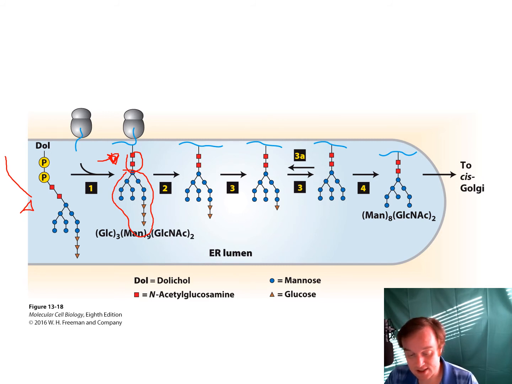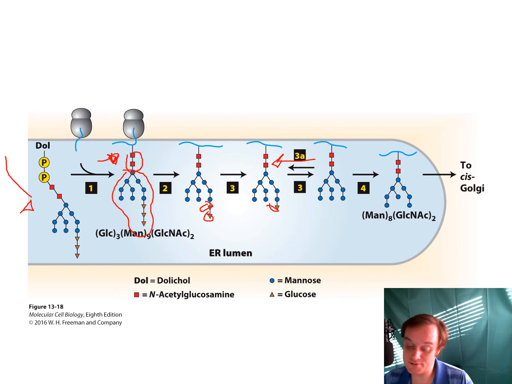In steps 2, 3, and 4 here, we have the removal of those glucose residues. So as you can see, they're starting to disappear here. However, in step 3A, sometimes one of those glucoses gets added back because it can play a role in the correct folding of many of the proteins in the ER. So like I said, it depends on the protein.